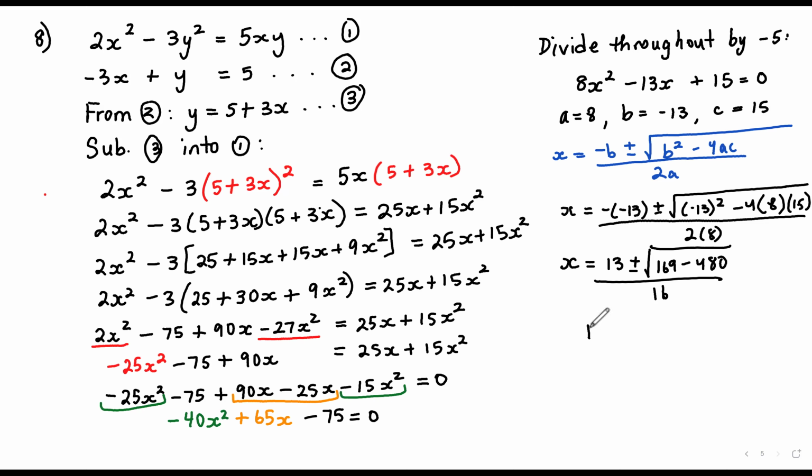So there'll be no solution here, because 169 take away 480 is going to be a negative number, and you cannot find the square root of a negative number.